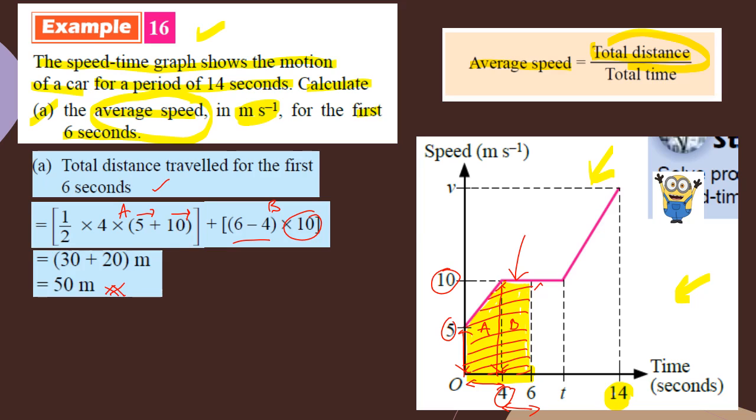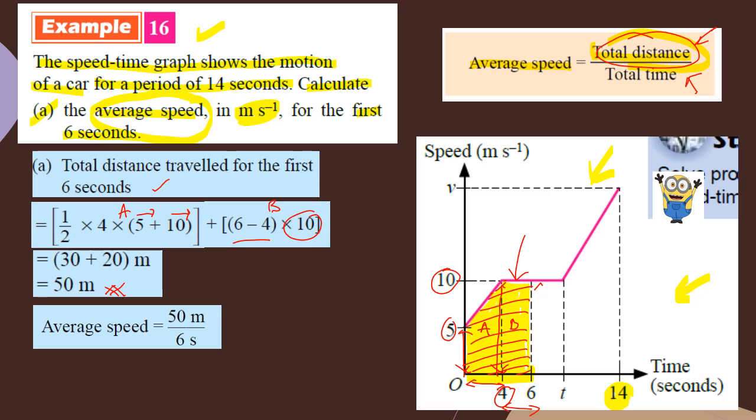The total distance is 50 meter. So for your average speed, you substitute here, and your time taken is 6. 50 meter over 6 seconds, so you'll get 25 over 3 meter per second. That's your answer.